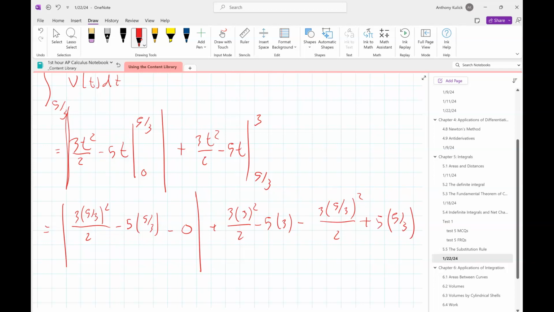And then everything is substituted in. You just have to grind out the numbers at that point.